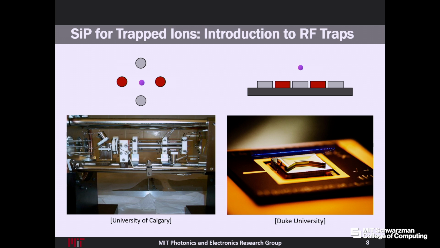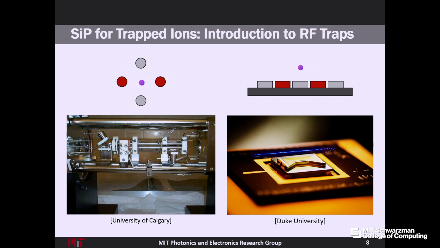This isn't necessarily at the stage of CMOS level complexity, but this could be a little silicon chip with little metal electrodes on top. These electrodes are powered with those same fields to create the potential to trap the ion above the chip.